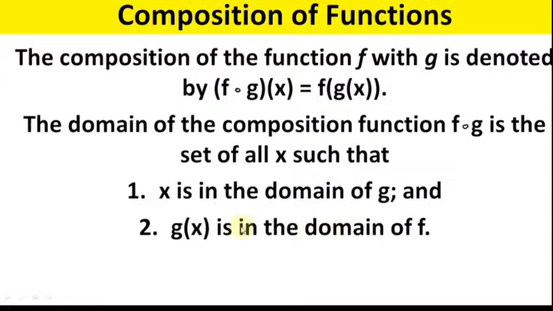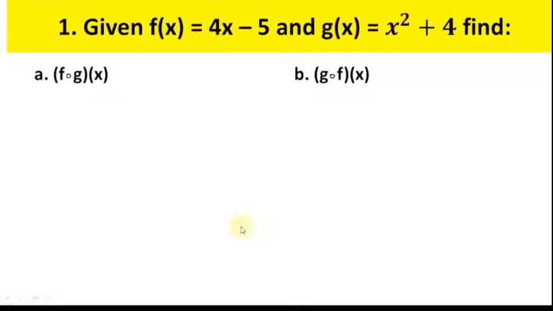So for example, number 1, given f of x equals 4x minus 5 and g of x equals x squared plus 4. So find letter A, the composition of f with g of x. Letter B, the composition of g with f of x.